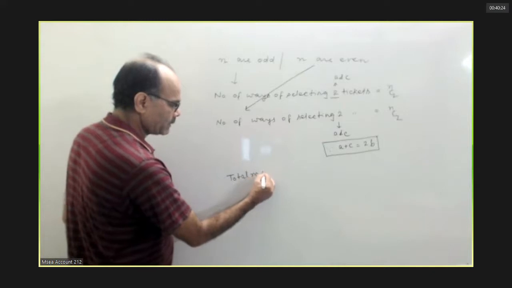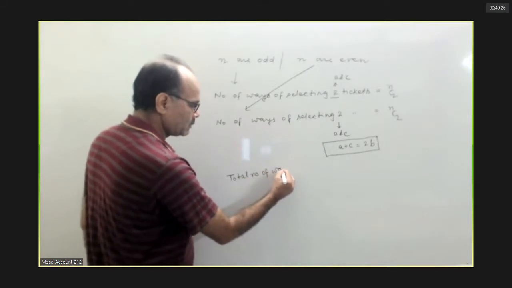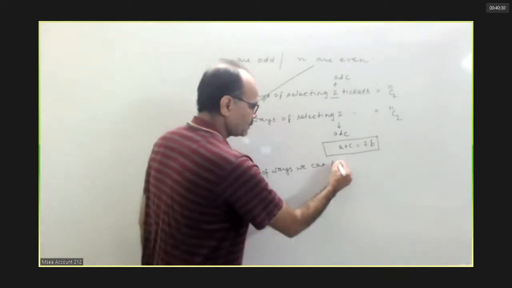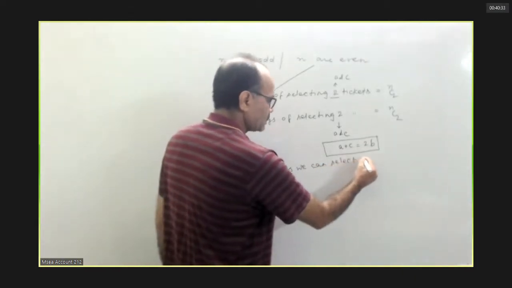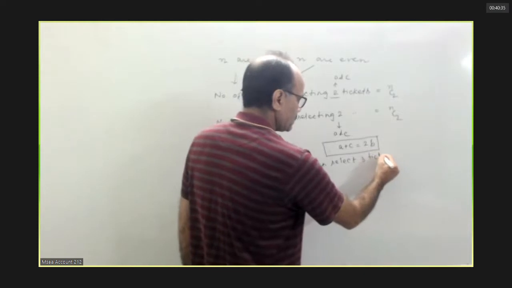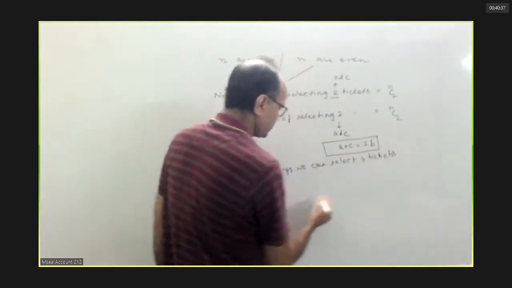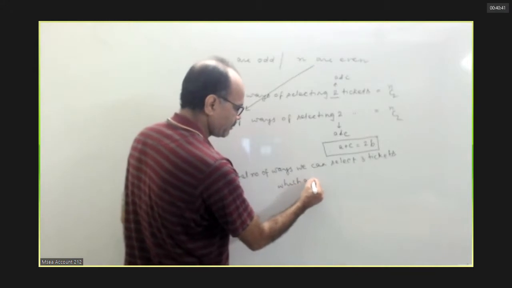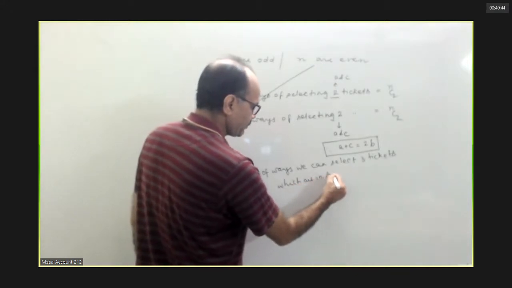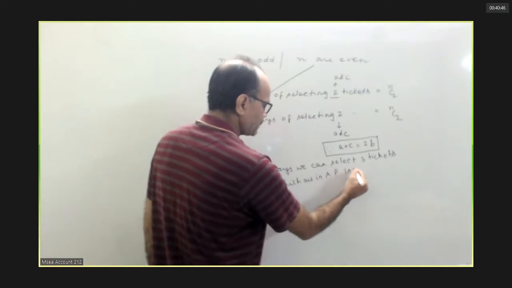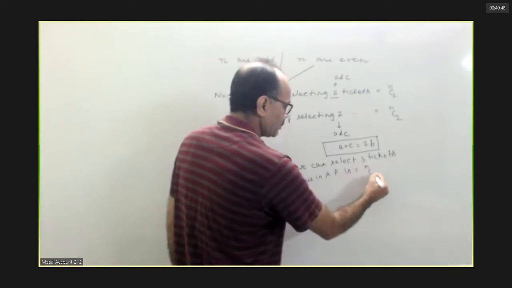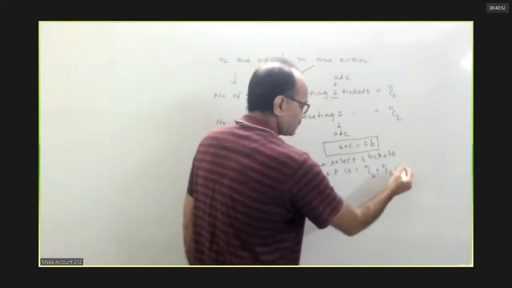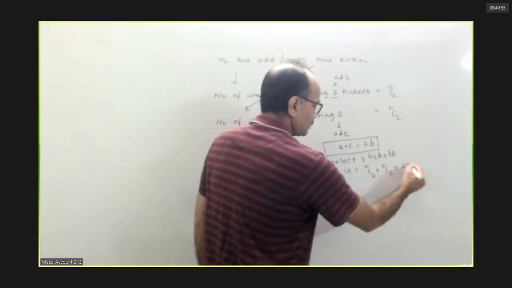So the total number of ways we can select 3 tickets which are in AP is nC2 plus nC2, this plus this, 2 into nC2.